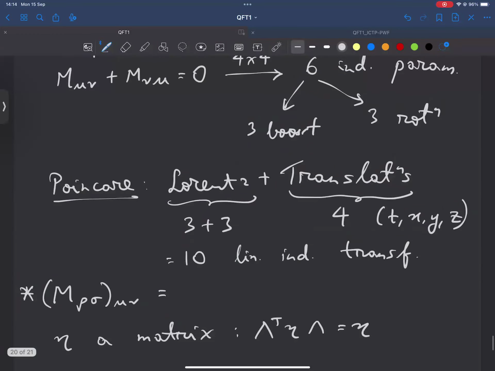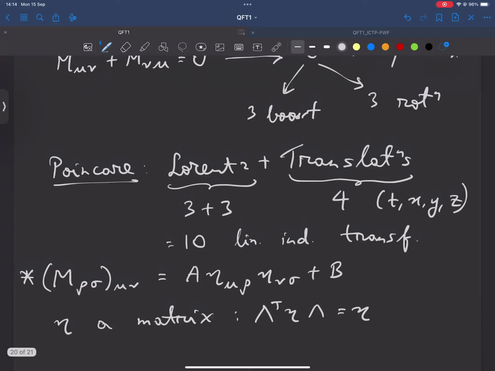So what you can do is you can say that you want to express this M, because that's the only 4x4 Lorentz invariant matrix, as something like this: a function a times eta mu rho, nu sigma, plus another function b times mu sigma, nu rho.